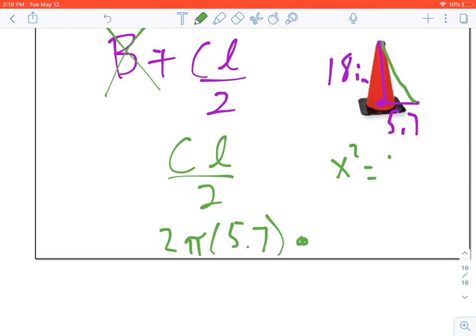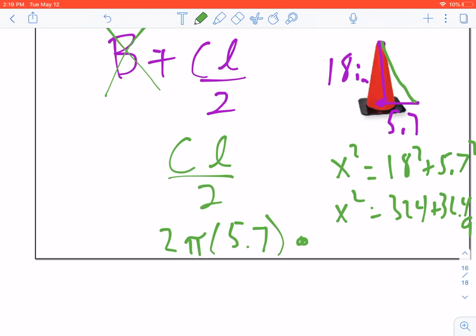X squared equals 18 squared plus 5.7 squared. 18 squared is 324. 5.7 squared is 32.49. Add them together.